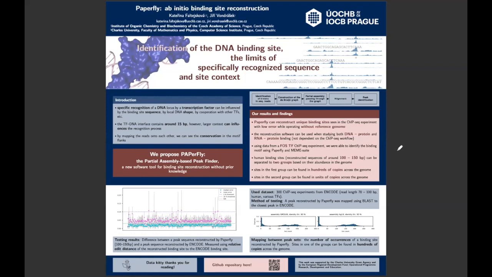While testing our approaches on human transcription factors, we have seen that the binding sites we have identified can be separated into two groups based on their abundance in the genome. The first group can be seen in hundreds of copies, while the second in units. We are not sure what causes this phenomenon, and we intend to have our findings experimentally tested.